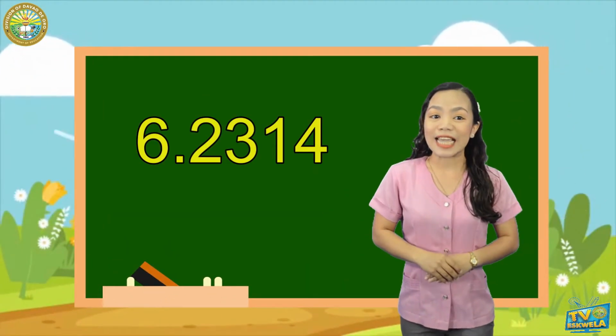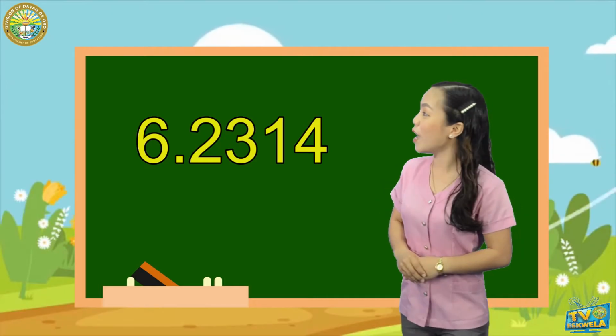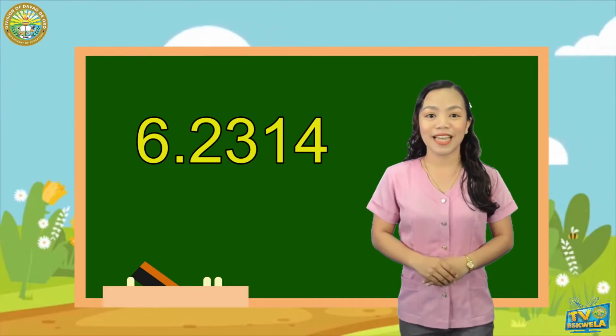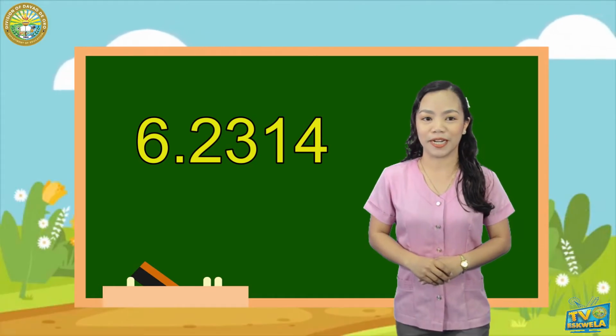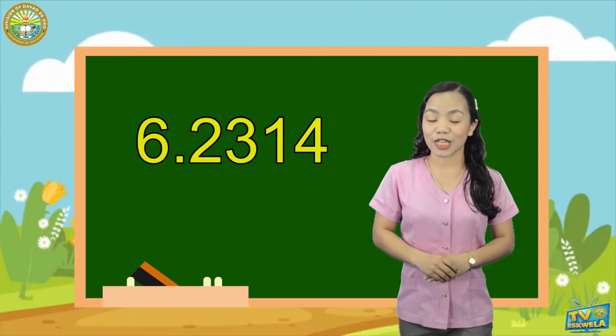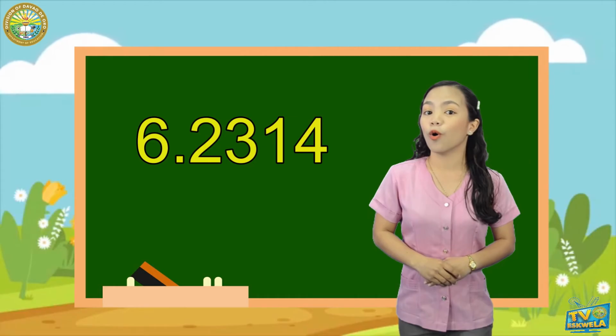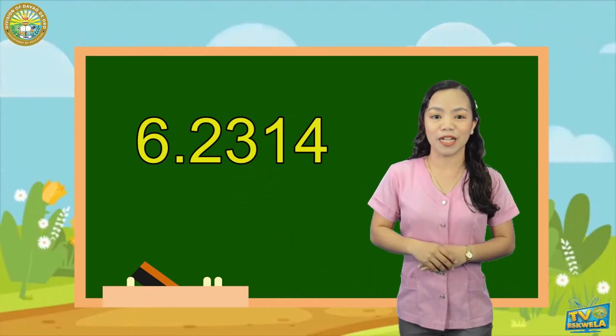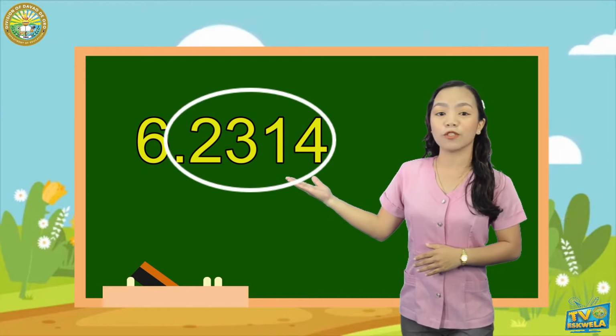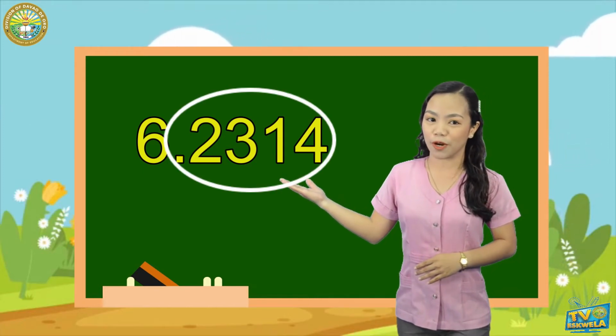Learners, 6.2314 is an example of a mixed decimal number. It consists of integer, whole number 6, and a decimal, 0.2314.